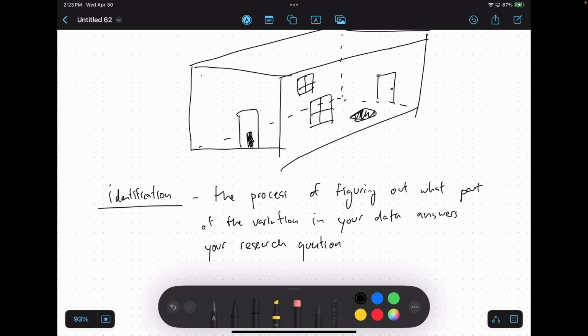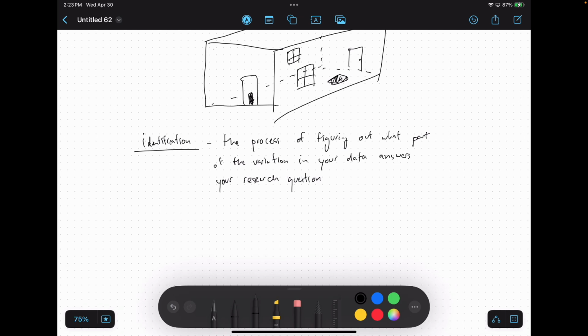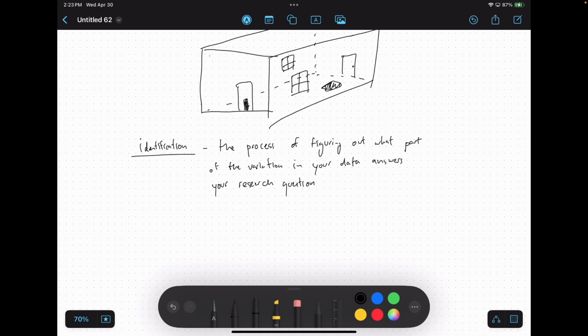Okay, and so what was the research question in this particular case? How is the dog escaping the house, right?